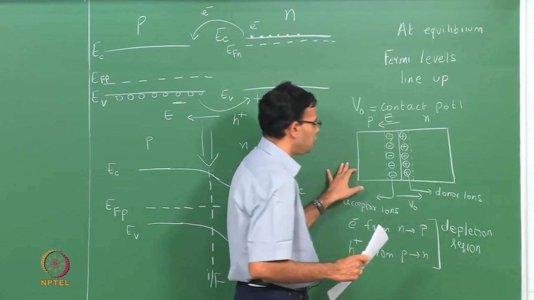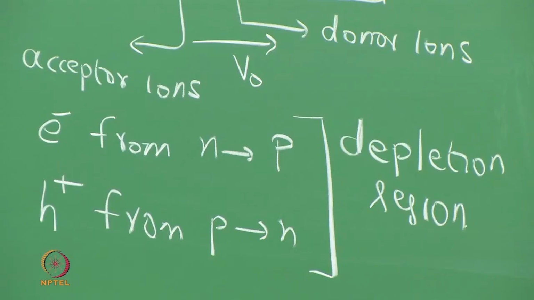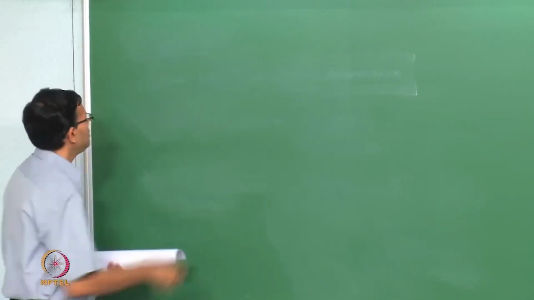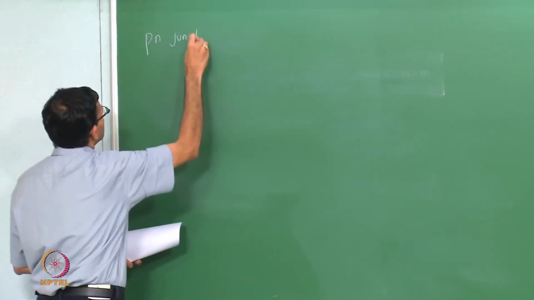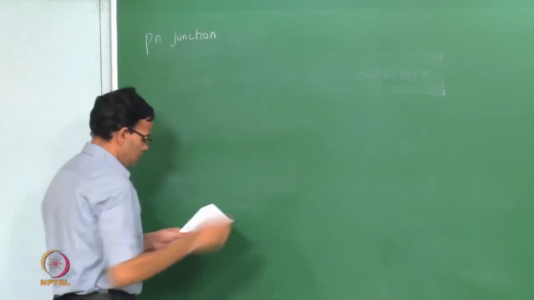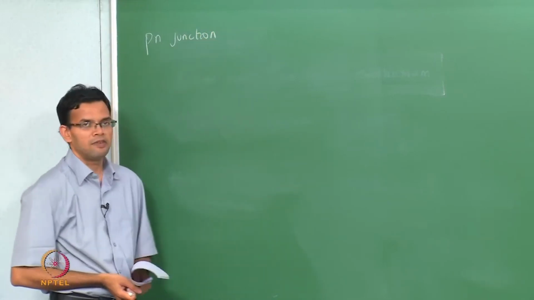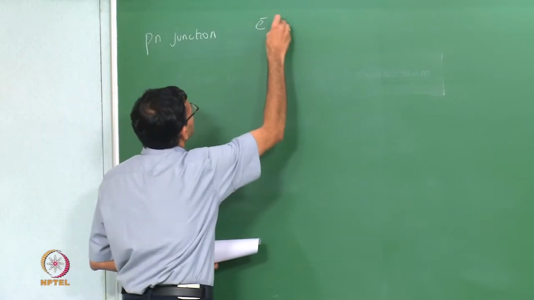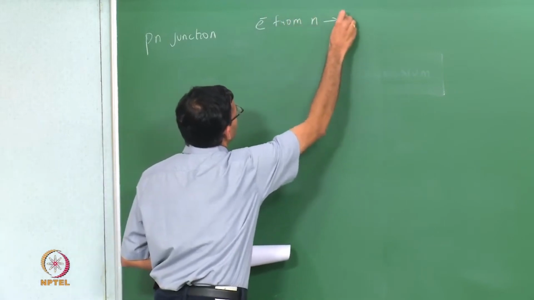So, let me redraw this diagram and mark the depletion region. So, we are forming a p-n junction. So, in the case of a p-n junction, we said that we have excess electrons on the n side that move to p.